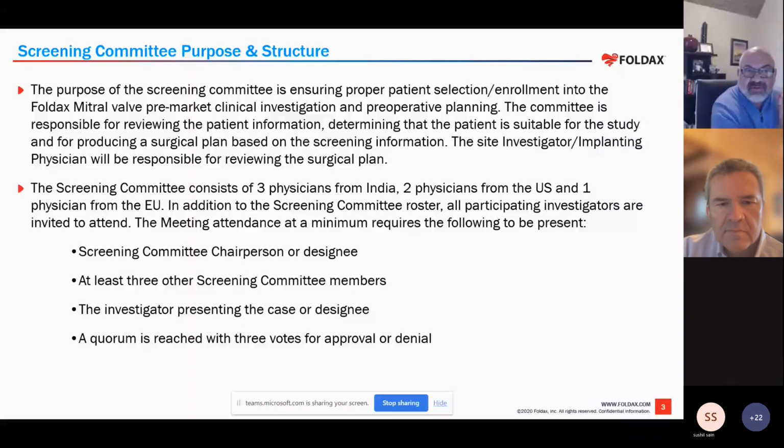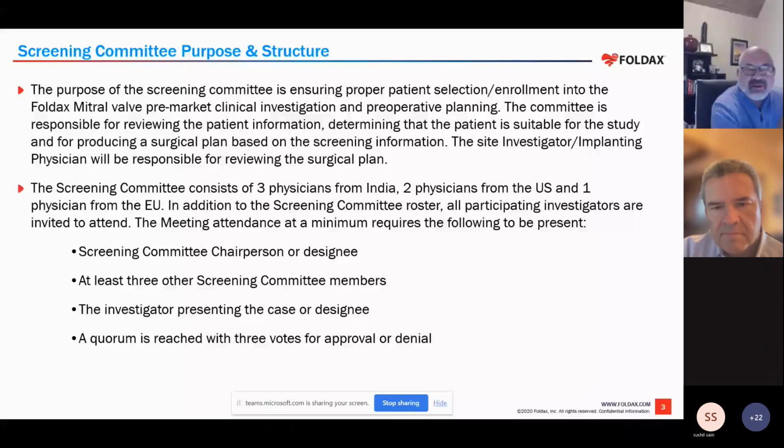The committee consists of 3 physicians from India, 2 physicians from the United States, and 1 from the EU. We have a meeting at least once a week, sometimes more than that, depending on how many patients are being screened. Our first meeting we'll definitely do in person and face-to-face, so you can all meet and talk to each other.